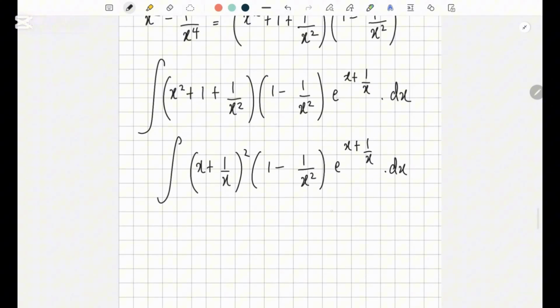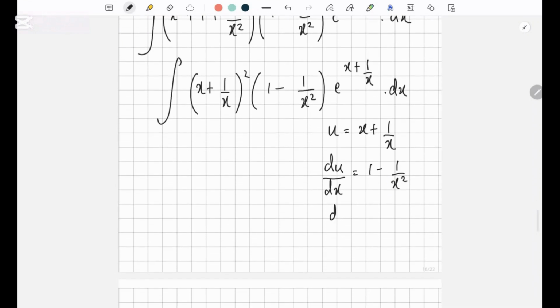Now let's take a substitution of u equals x plus 1 over x. So du over dx equals 1 minus 1 over x squared. So du over 1 minus 1 over x squared equals dx. Let's go back into our question.